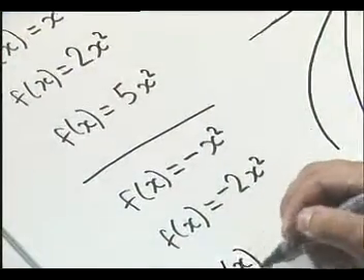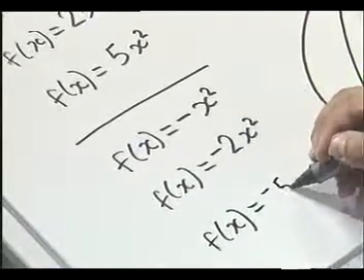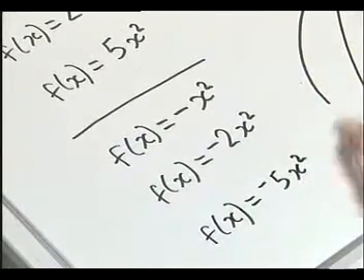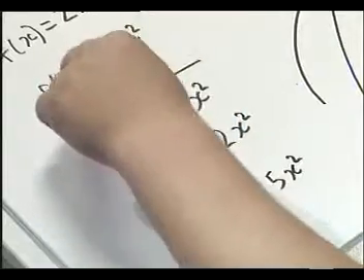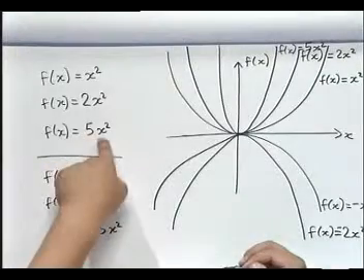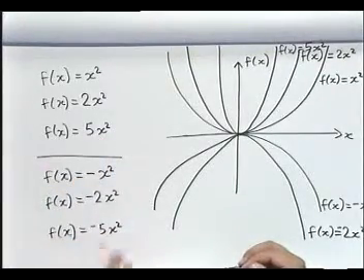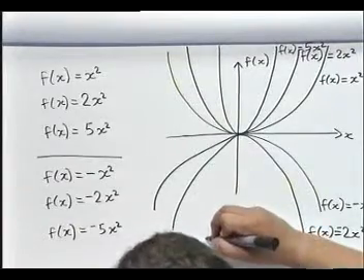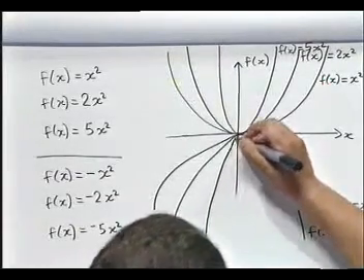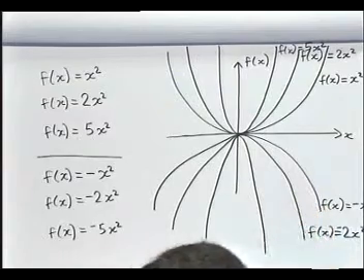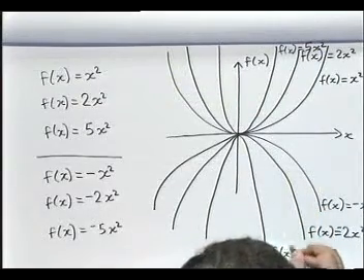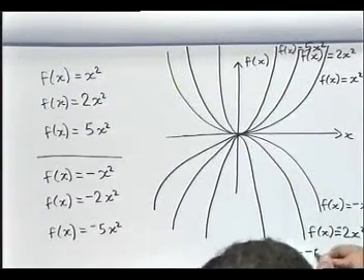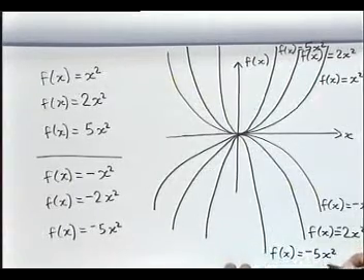And lastly, we're going to look at f of x equals minus 5x squared. And you may well have guessed by now, that's a reflection of f of x equals 5x squared in the x-axis, which gives us a graph which would look something like this, where f of x equals minus 5x squared.